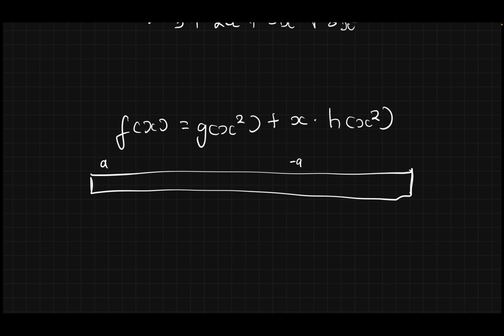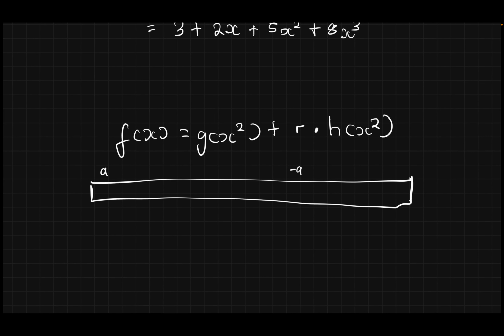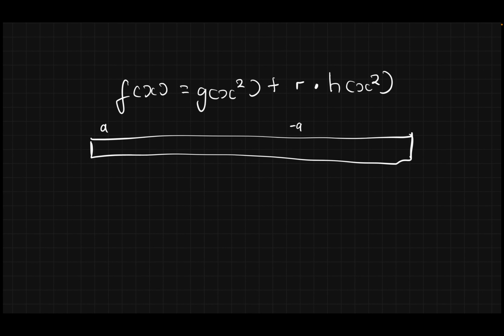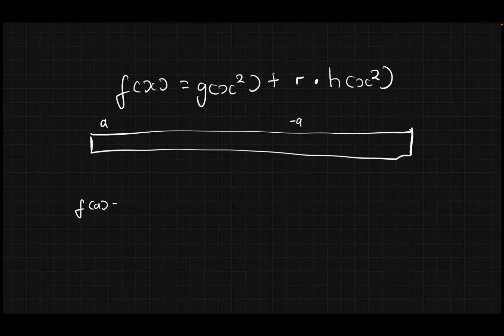So it's like you're taking two halves and folding them into one. Regardless of whether x is positive or negative, the equation will look exactly the same. If I wanted to do evaluation at A, that's going to be G of A squared plus R times H of A squared.